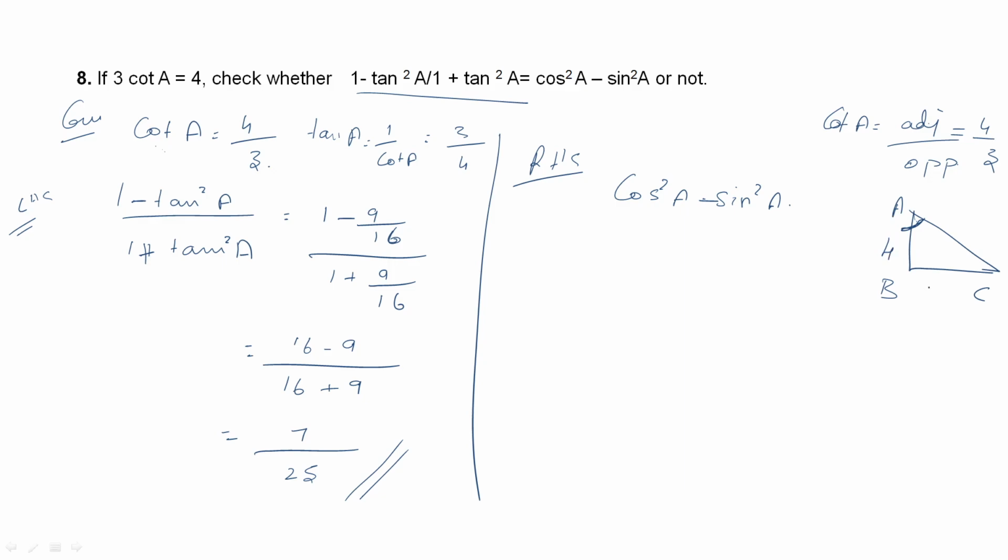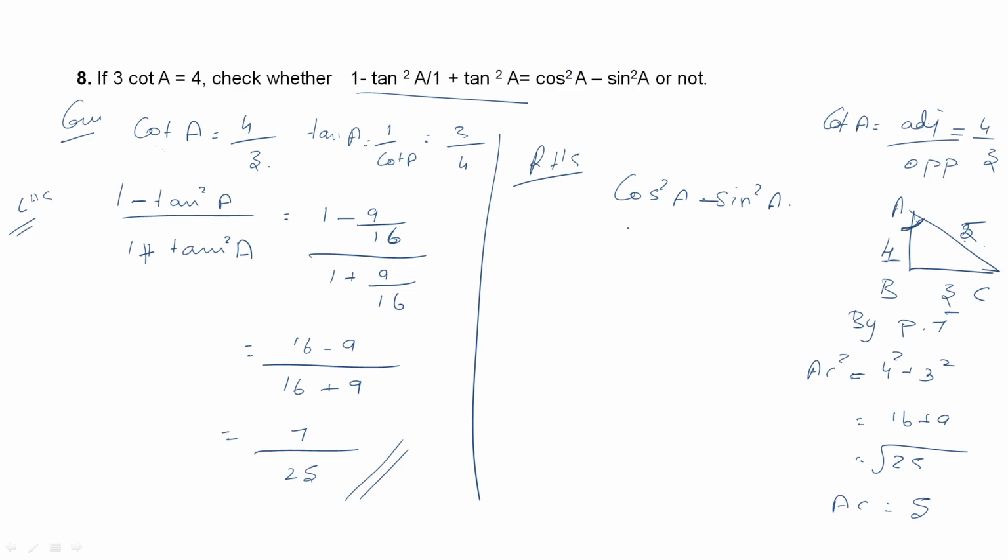The adjacent side is this, the opposite side is this. You have to find this side by Pythagoras theorem. 25, and then AC will become 5. Usually 3, 4, 5 is called a Pythagorean triplet. That always solves the sides of a right angle triangle. So this side we have found as 5.